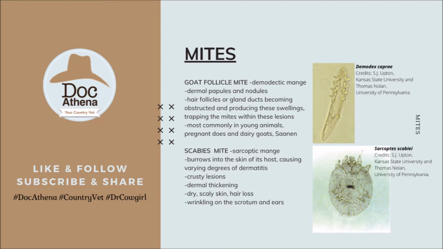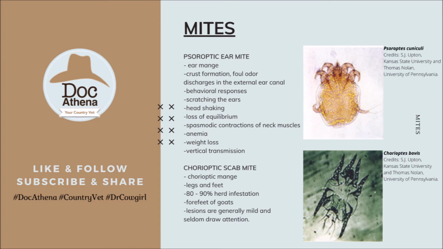Sometimes, if it infects the scrotum and ears, it also causes wrinkling. And as you can see on the right side, Sarcoptes has a globose shape as compared to Demodex. But note also that some other mites have more of a circular or rounded shape, but Sarcoptes has hind legs that do not exceed the diameter of its body. Take note of that.